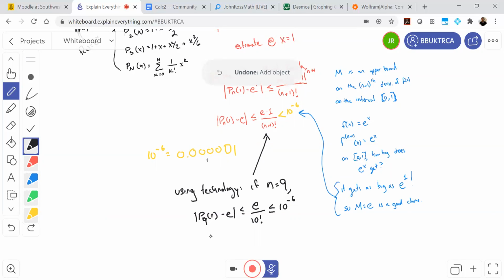And in fact, we often like to be a little lazy. Notice we said down here that this gets as big as e to the 1. So m equals e is a good choice. I don't actually like working with e that much. One of the big reasons I'm doing this is so that I can try to figure out what e even is, so using it in my estimate seems sort of annoying. So one thing I could do is I could say e is 2 point something. That's less than 3. So if m equals e is a good choice, m equals 3 is also a good choice.